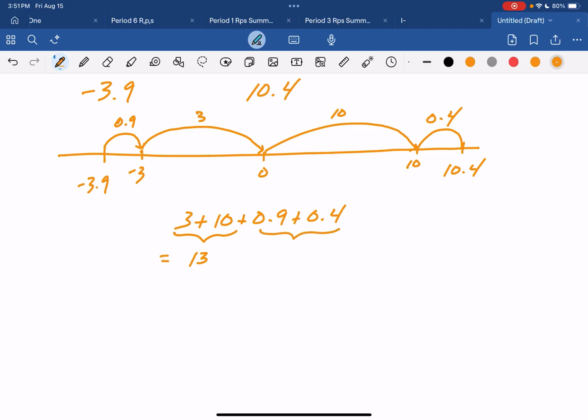Now a good number of students at this point would say something like 13, and you could validate them and say it would be 13 if it was 9 plus 4, but it's 0.9 plus 0.4. Give them that little bit of space, and most of them will click in and go, oh yeah, that's going to be 1.3. And so the total then would be 14.3. And that's the distance between these numbers.